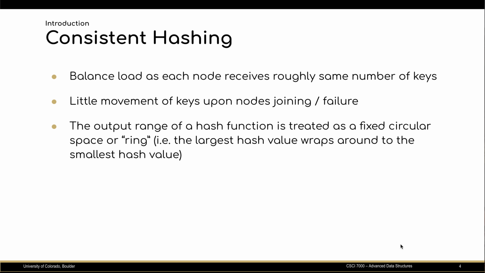So as a summary, the main takeaway from consistent hashing and how it is better than the traditional hash table is that the key movement is very low in case of nodes joining or leaving the cluster.